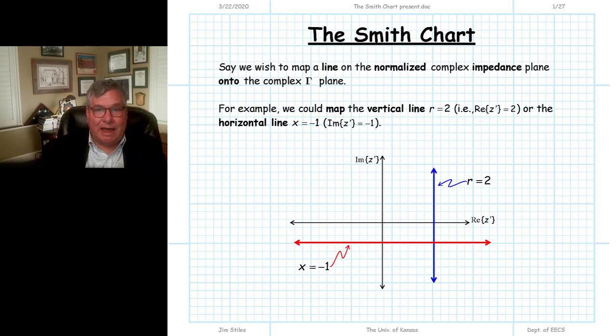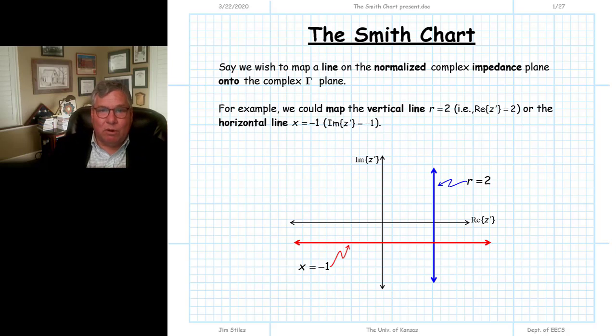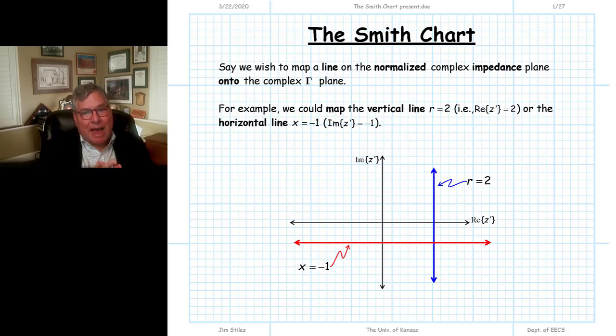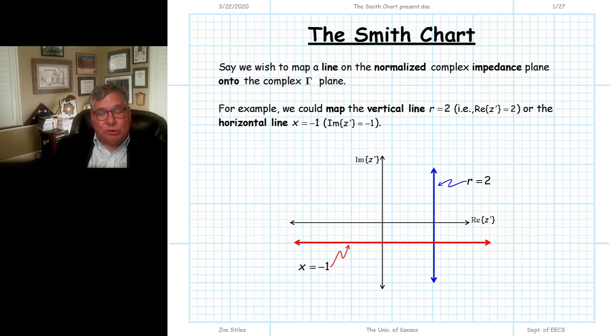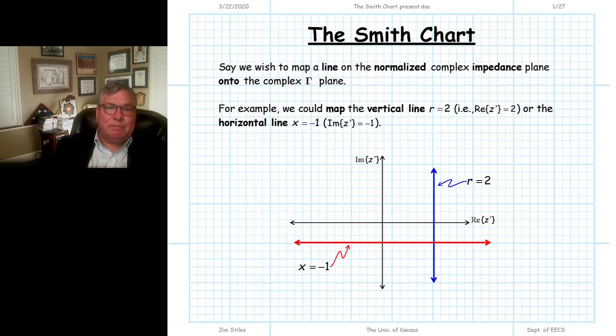The magnitude of that impedance is going to be infinite, or approaching infinity. And of course we have a word for an impedance whose magnitude is equal to infinity. We call such an impedance an open circuit.